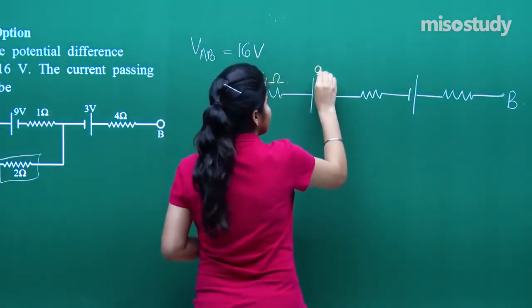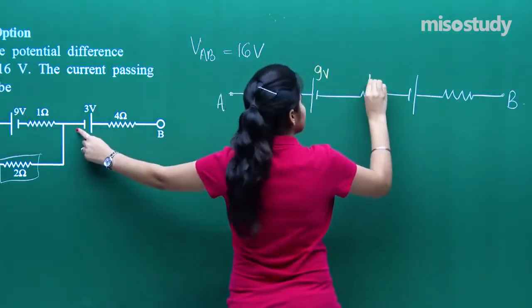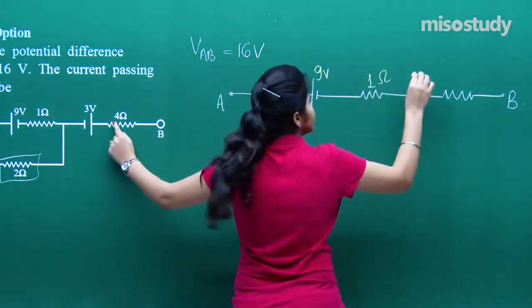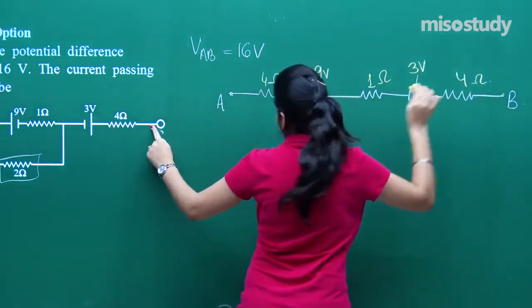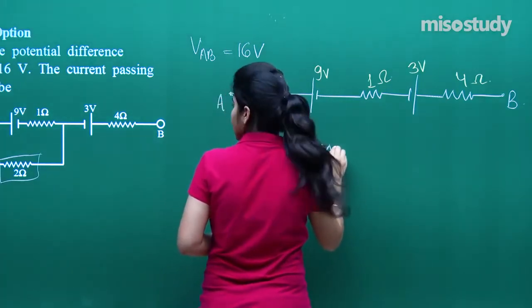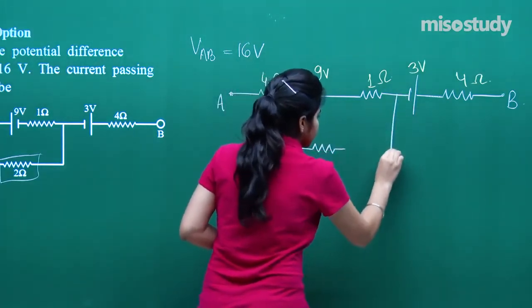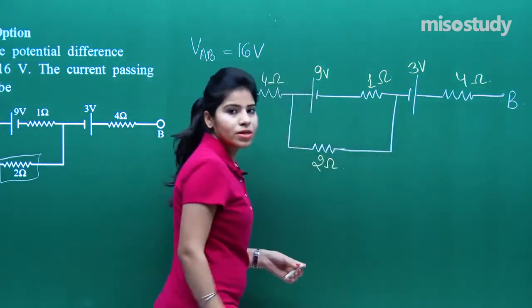This is a 9 volt battery. This is a 1 ohm resistor. This is a 3 volt battery, again a 4 ohm resistor, and in this arm one resistor is connected, that is a 2 ohm resistor.